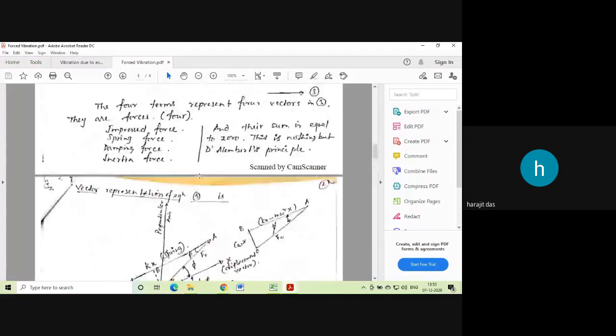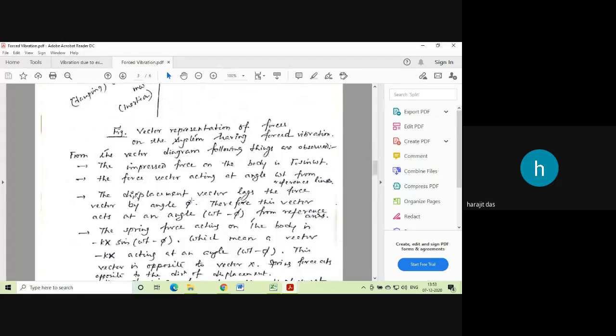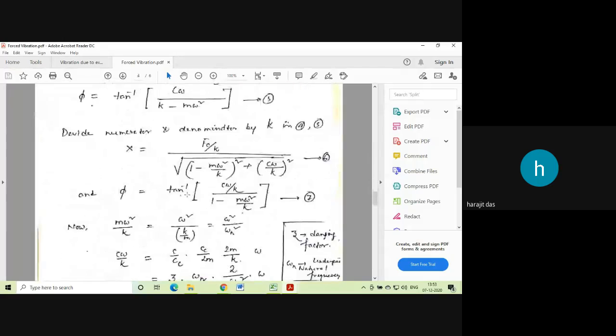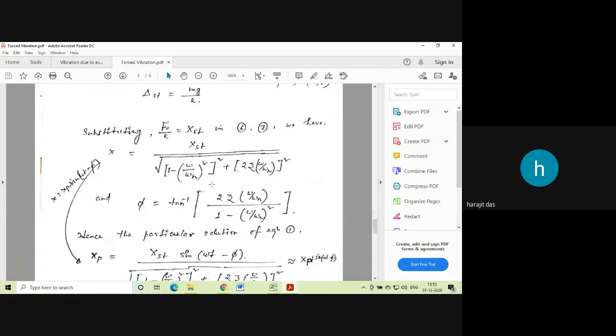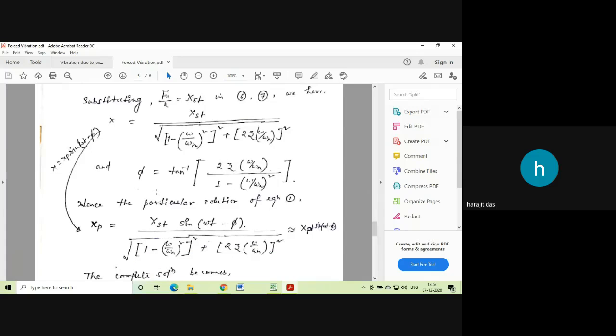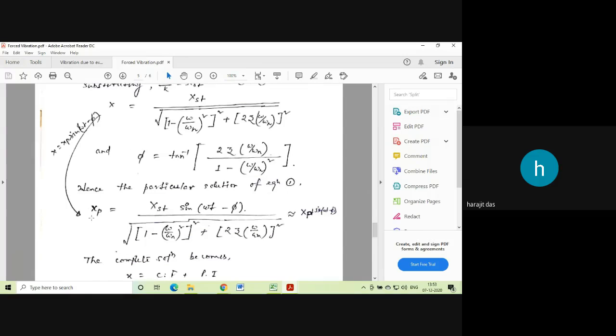And how we actually found this amplitude in this vectorial form. Yes, this is c omega by k. Why is it 2 zeta omega by omega n? It is there, we saw it in the last class. So here you can see, what was our solution? This was the xp, the steady state solution, x of st divided by all these terms, sine omega t minus phi, isn't it?